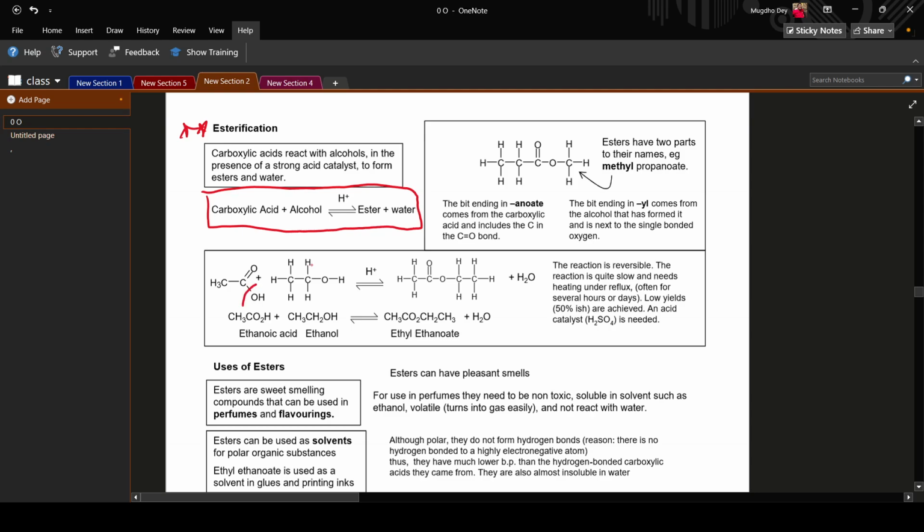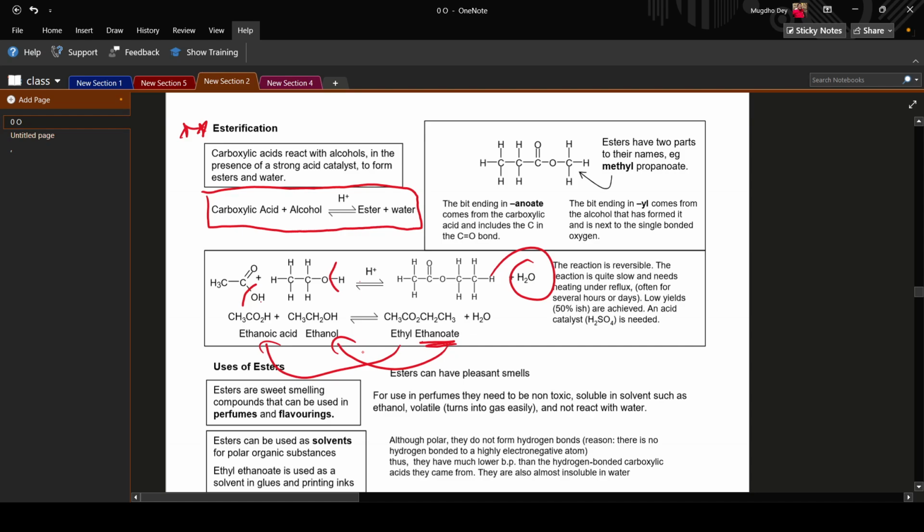This OH part and this H go away, and the OH and H react to produce water. And this ethyl part comes from the alcohol, and the ethanoate comes from the acid.